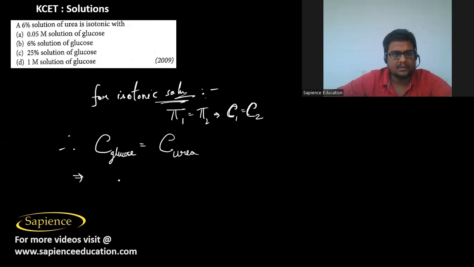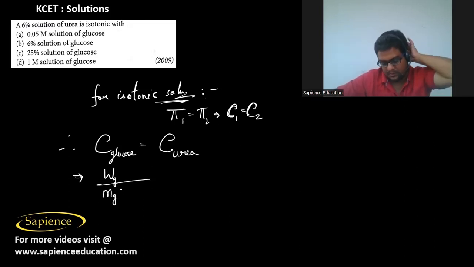So now, let's say the weight of glucose that should be taken is Wg, divided by the molar mass of glucose into the volume.